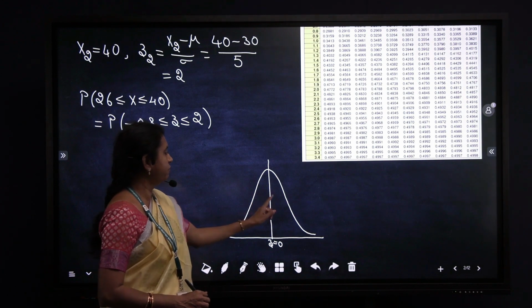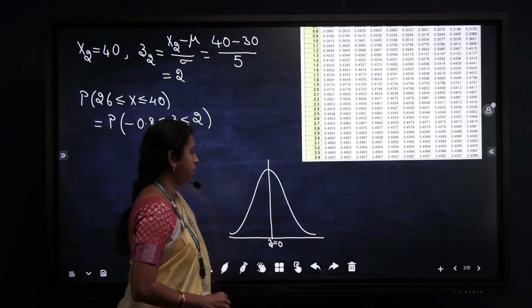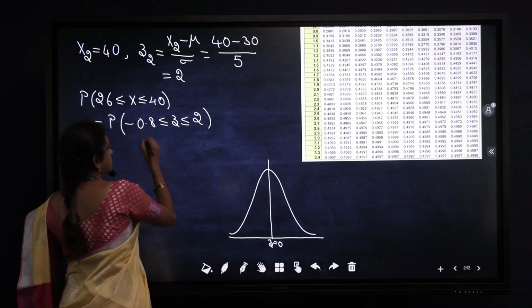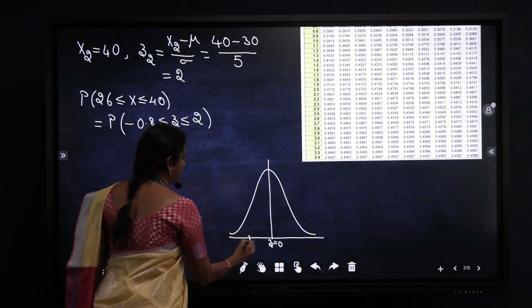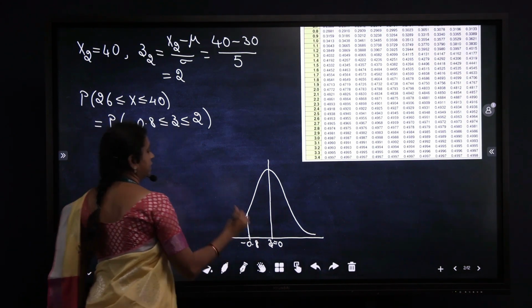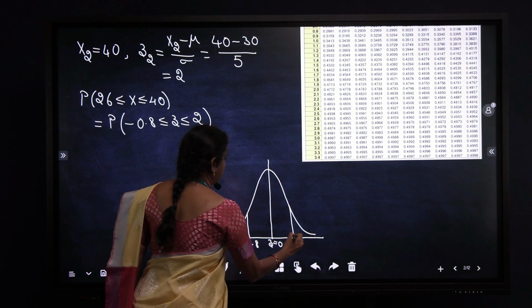Left side and right side both are 0.5. Now we'll plot these points on the scale. So this is minus 0.8, I'll take somewhere on the left side as minus 0.8 and plus 2, somewhere here I'll take 2.